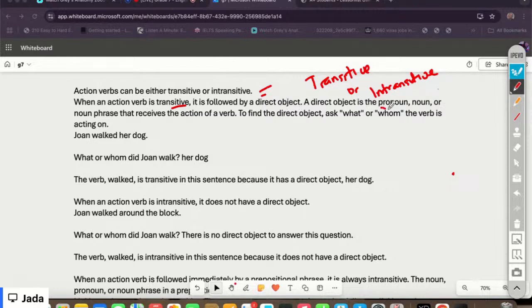A direct object is the pronoun, noun, or noun phrase that receives the action. So when it is transitive, you have a direct object. The direct object gives us a pronoun, noun, or noun phrase.